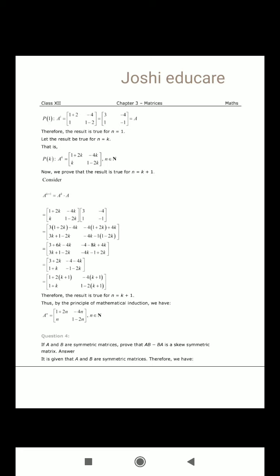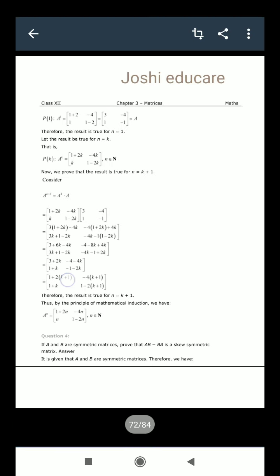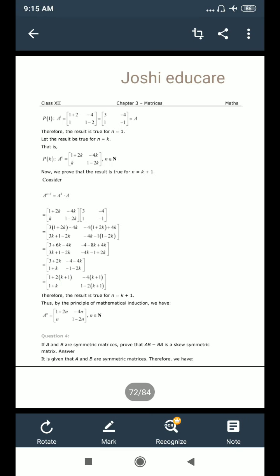As per P(k plus 1), we have to prove the same thing, because in this expression, if you replace k by k plus 1, we get this thing only. So your P(k plus 1) is also true. So as P(k plus 1) is also true, we can say this is true for all natural numbers.